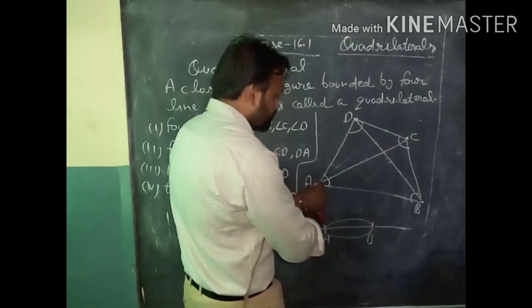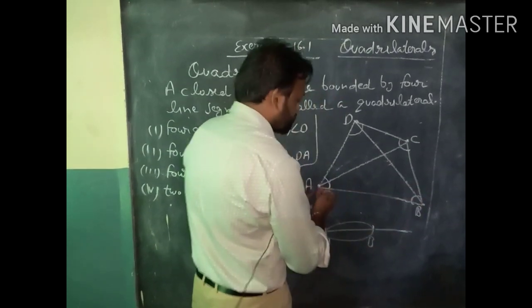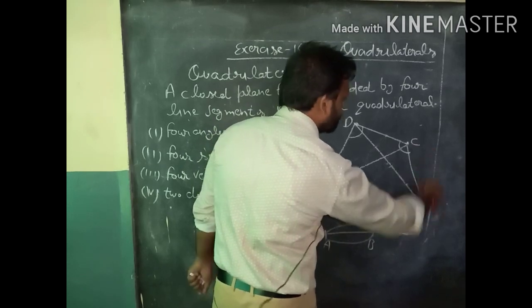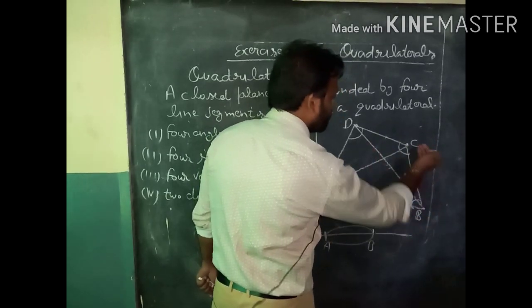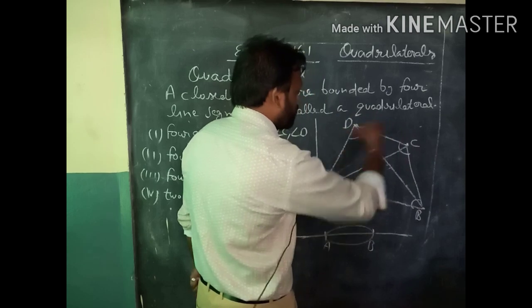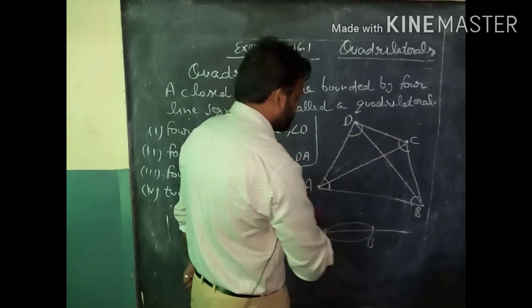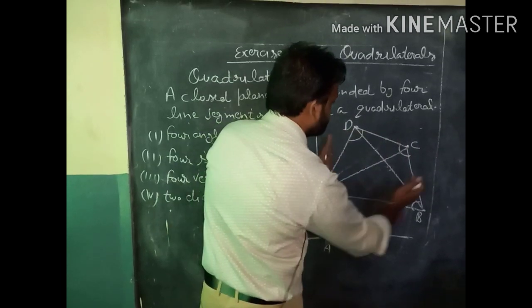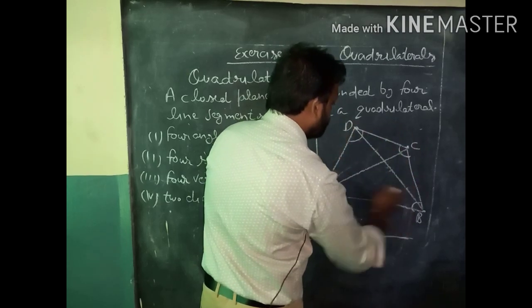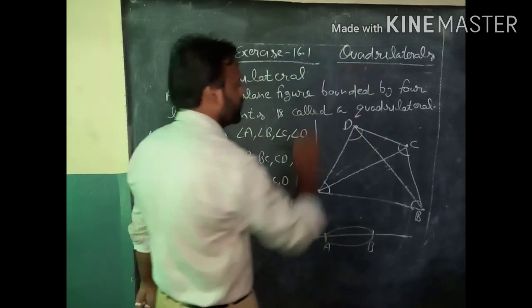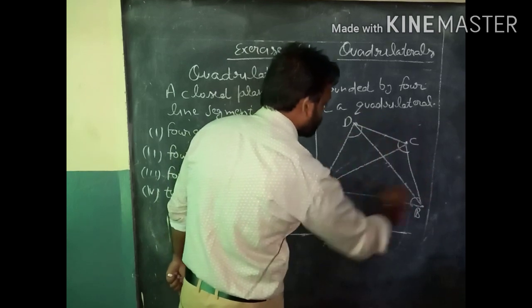BC is also a line segment, with starting point B and end point C, and these two sides are also line segments. All these line segments are joined like this, and we get a figure that is called a quadrilateral.